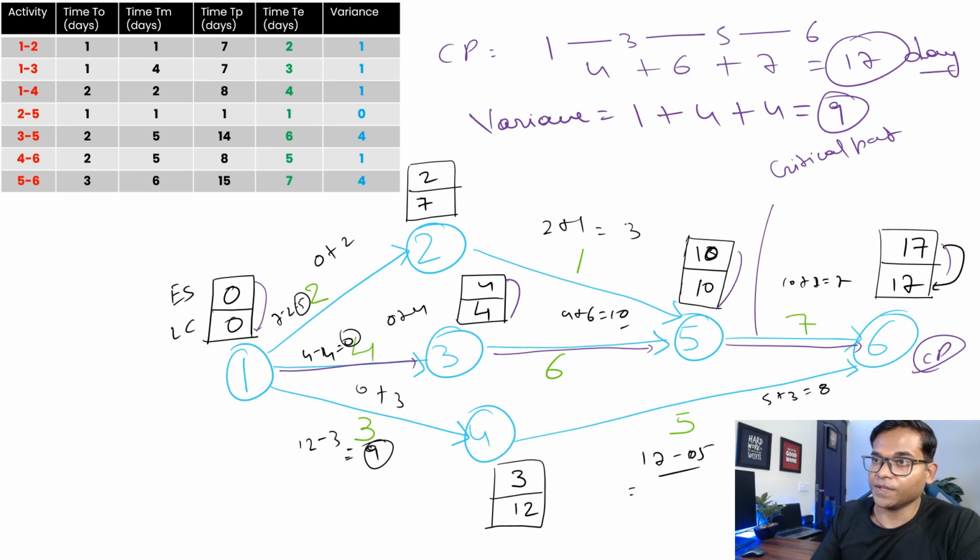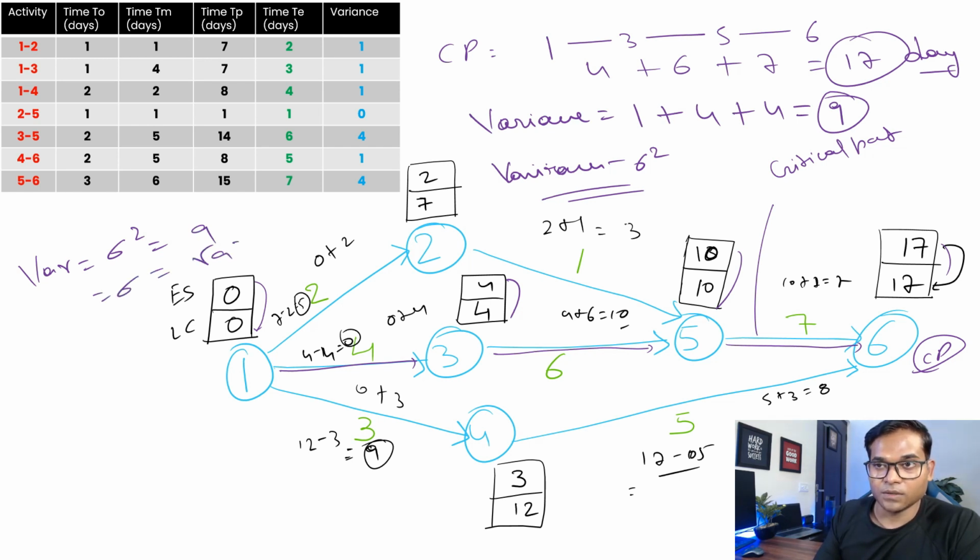So now we got the variance, and remember the formula of variance, it's a standard deviation squared. So basically if your variance equals 9, it means sigma is 3, right? Sigma is what we call standard deviation.